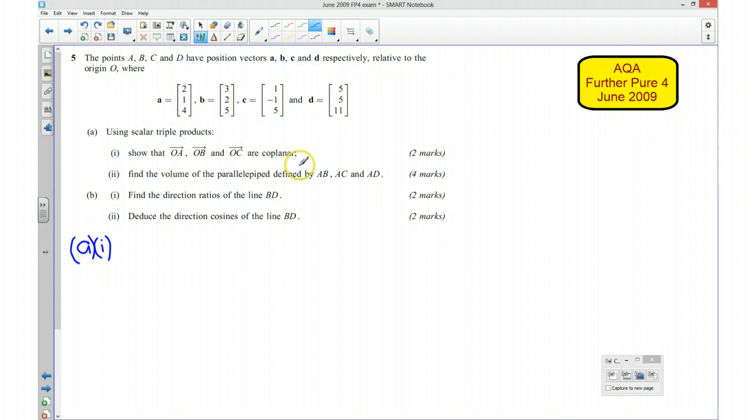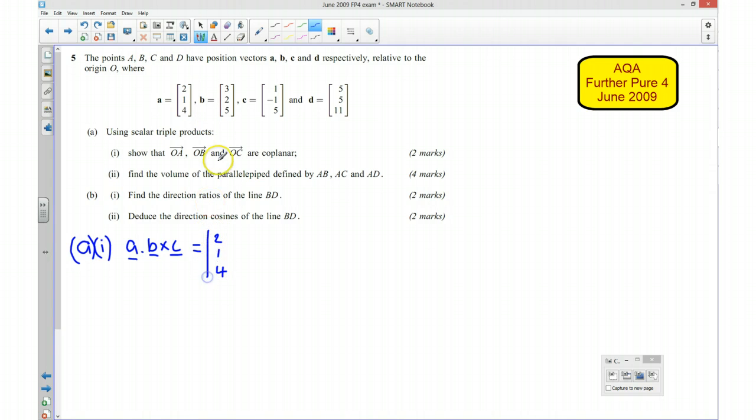To show that they are coplanar, we need to find the scalar triple product, so that a dot b cross c, and we're trying to show that that's equal to 0, and that's what will show that they are coplanar. So to do a dot b cross c, I'm going to put these together to form a matrix that I'm going to find the determinant of.